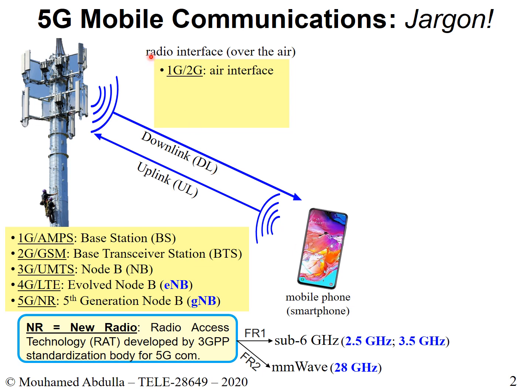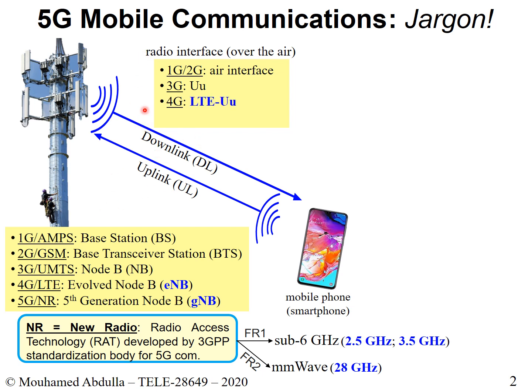Okay. Now, what happens in the channel, so essentially between your tower and your device, is referred to as the radio interface. So essentially what happens over the air. For 1G and 2G, this was simply referred to as air interface. For 3G, the terminology suddenly changed to Uu, uppercase U, lowercase u. So anytime you see this, it simply means that we're talking about the radio interface, so essentially the channel.